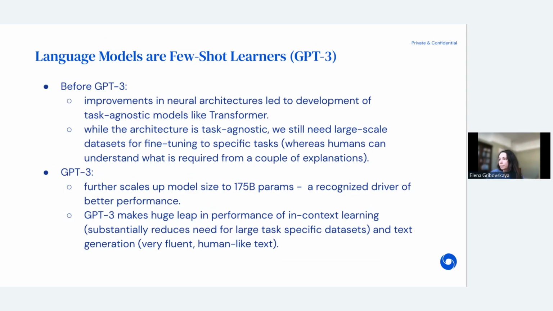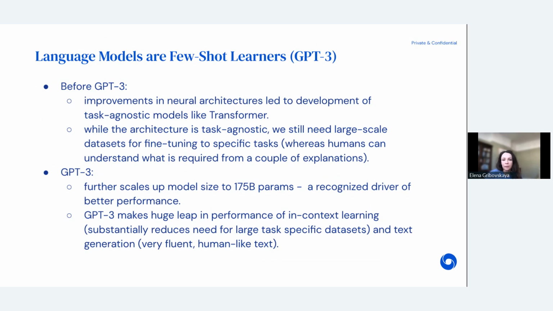So to build the GPT-3 model, the researchers recognized that further scaling up the model to 175 billion parameters would improve performance, because it had already been observed in previous years that size correlated to performance. GPT-3 made a huge leap in performance of in-context learning.